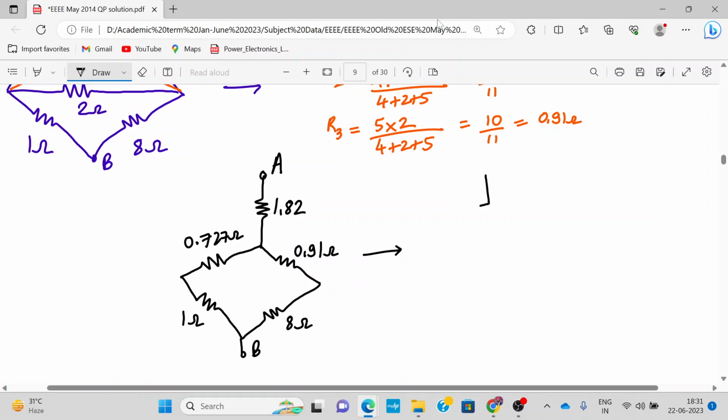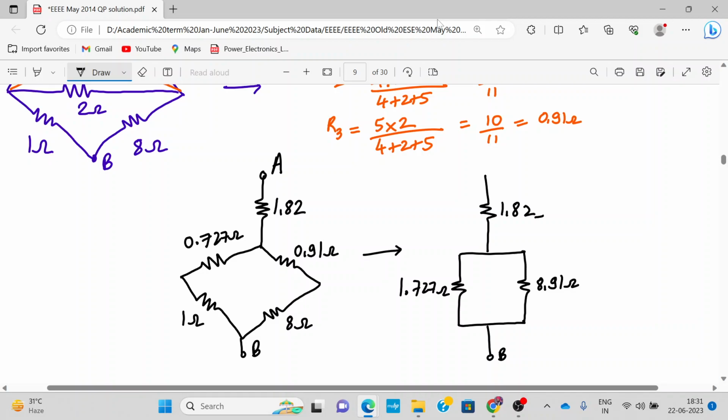Now here this can be simplified further. These two are in series. This is 1.727 ohms. This is 8.91 ohms. This is 1.82 ohms.